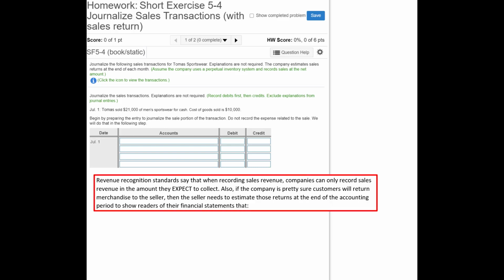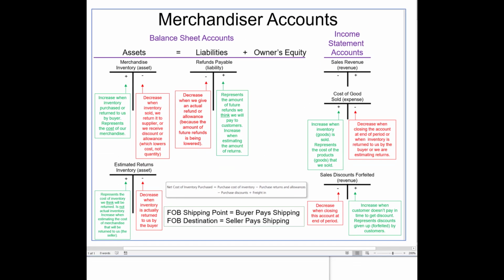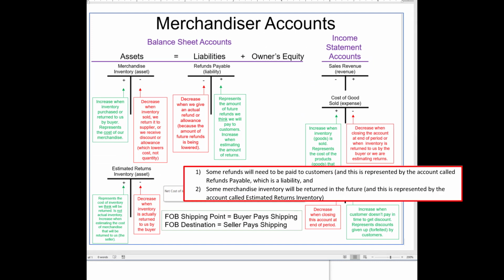Revenue recognition standards say that when recording sales revenue, companies can only record sales revenue in the amount they expect to collect. Also, if the company is pretty sure customers will return merchandise to the seller, then the seller needs to estimate those returns at the end of the accounting period to show readers of their financial statements that: 1.